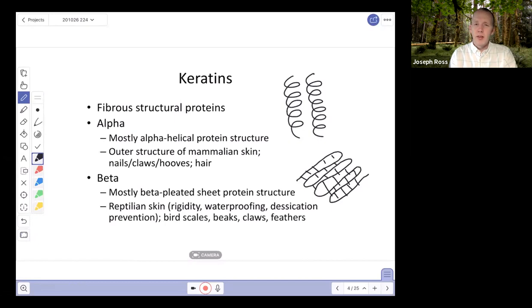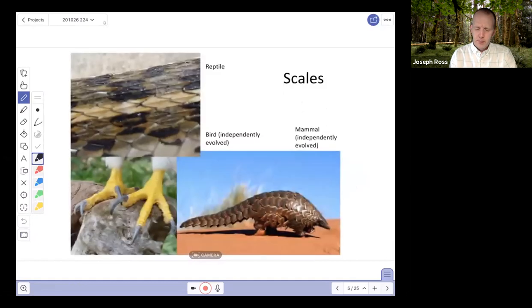And you might be thinking, wait, do birds have scales? And they actually do. So scales and feathers are both comprised of keratins. That's not the only component, but that's one of the main components. So we're familiar with, I think, the idea that reptiles have scales, like snakes and lizards. Mammals also have scales.